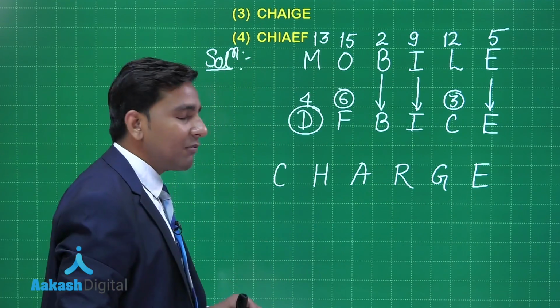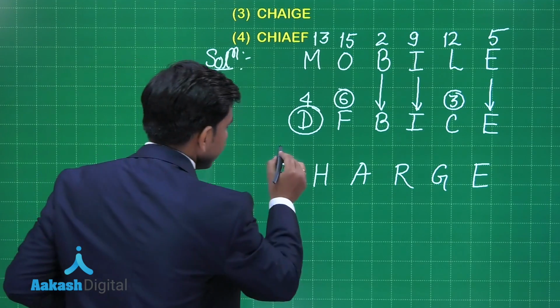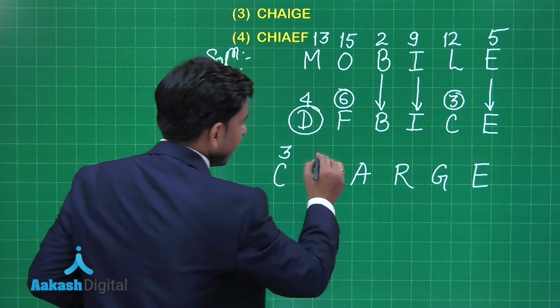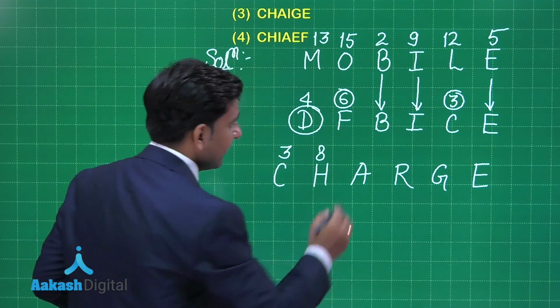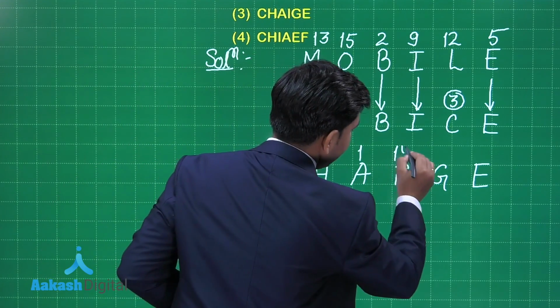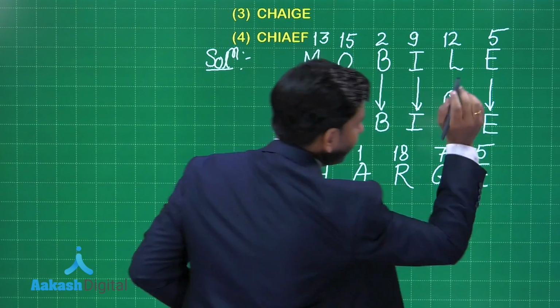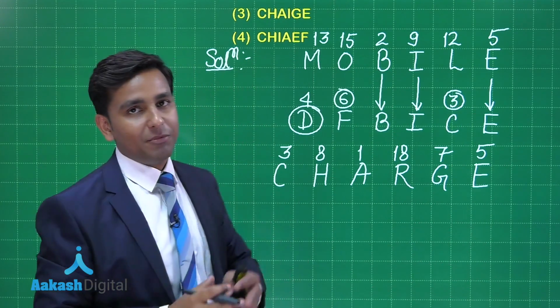That means first we have to write the positions of each alphabet. C is at the 3rd position in the English alphabet, H is at the 8th position, A is the first letter, R is at the 18th place, and G is 7th, and E is at the 5th position.